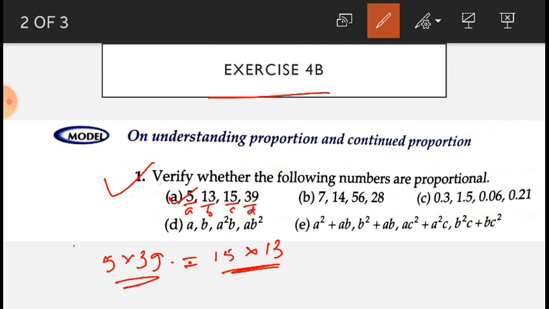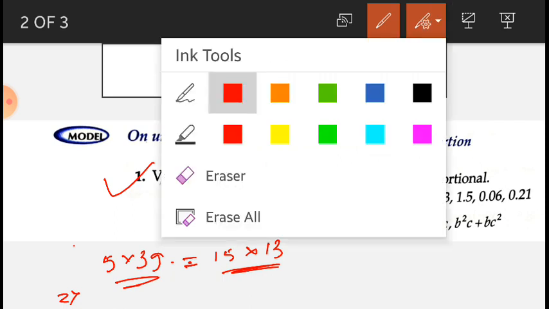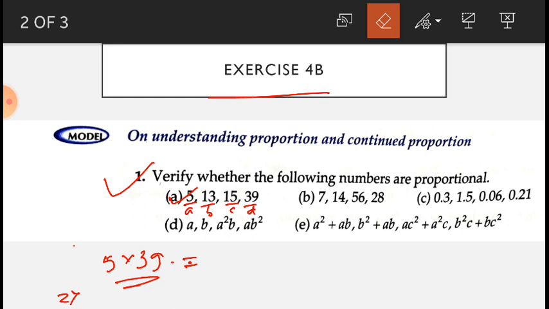So you can see that 5 into 13. Now what I can do here is write this 39 as 13 into 3, so that will be 5 into 13 into 3. So 5 and 3 will make 15, and this is 13 into 39, so you can see that 15 into 13 happens here.